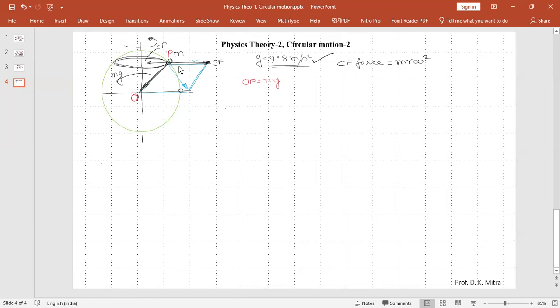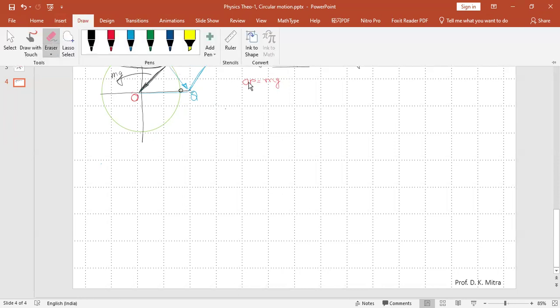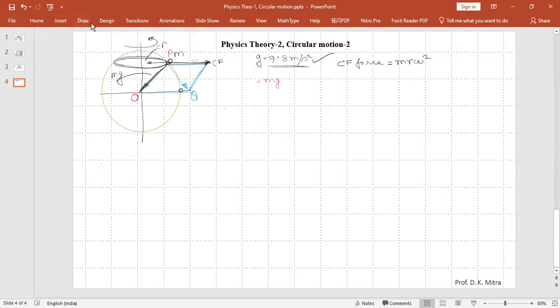And let us make this point Q. So PO is mg. Instead of writing OP, let me write PO, considering the direction of the force.